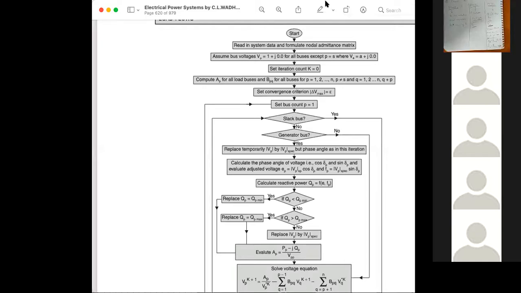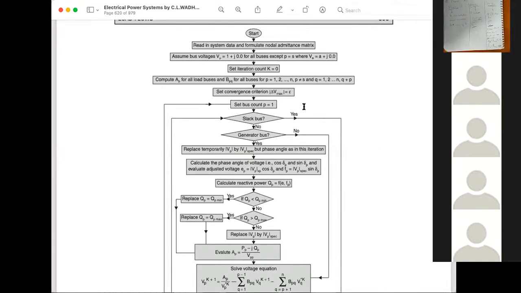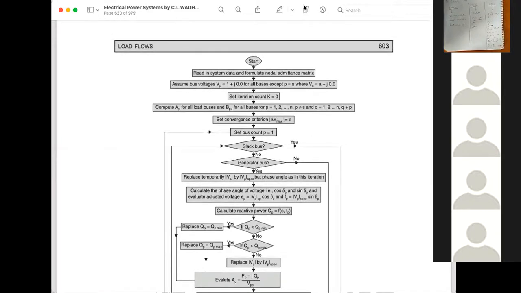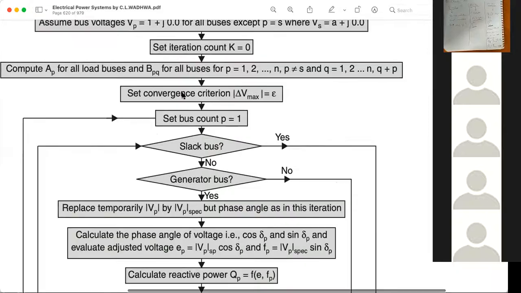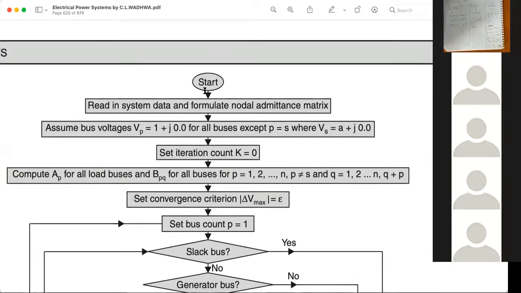I'm sharing with you the algorithm for the Gauss-Seidel method if we have PQ buses and PV buses in the system. You can see that the initial part will be the same as that of the system when there are no PV buses. So it will be start, read in system data and formulate the nodal admittance matrix.